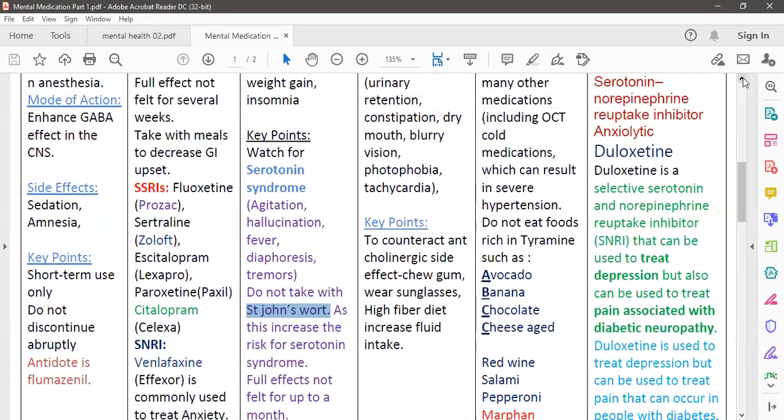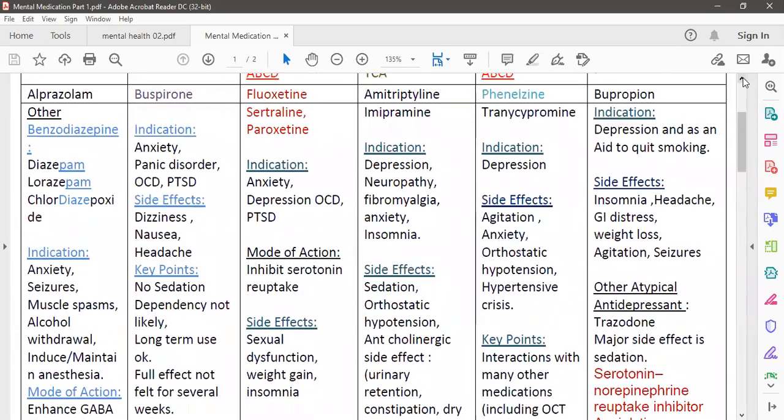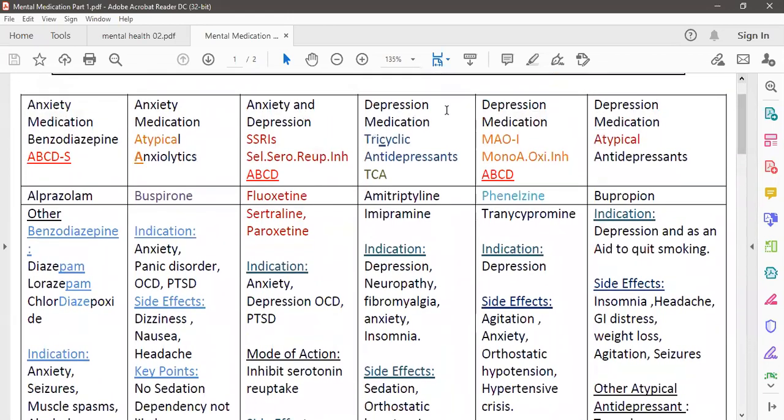So the next medication we use for depression, the most common one, is called TCA. T stands for tri, C stands for cyclic, A for antidepressant. The most common medications in this group are amitriptyline or imipramine.